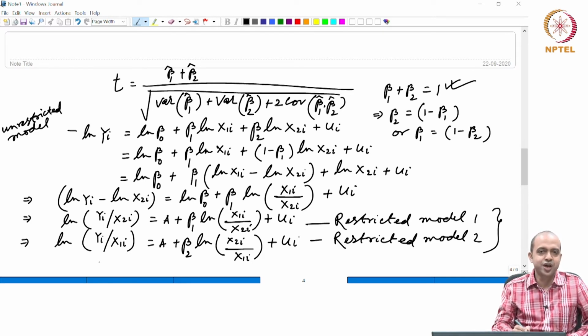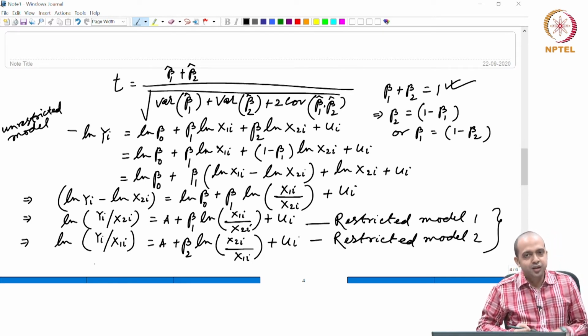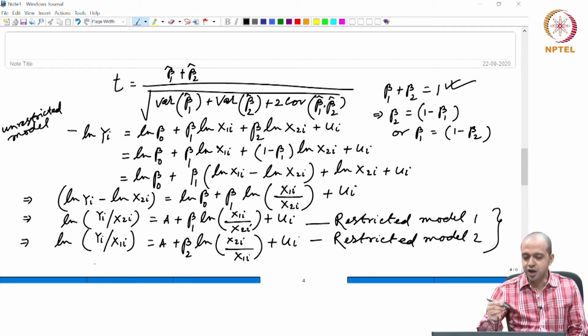R square is the proportion of the total variation in the dependent variable that is explained by your explanatory variables. Since the dependent variable itself is different in the two models, I cannot say that the two R squares are comparable. That is the reason the R square from the unrestricted model is different from the R square from the restricted model.